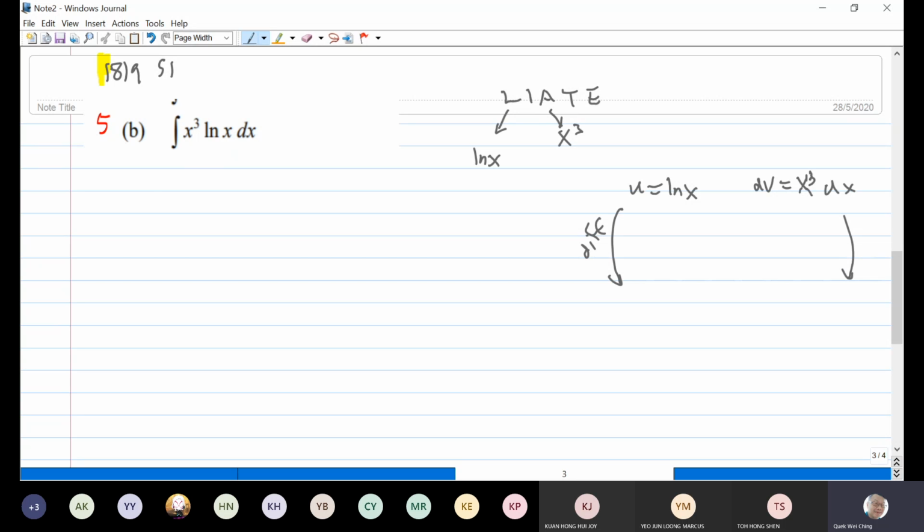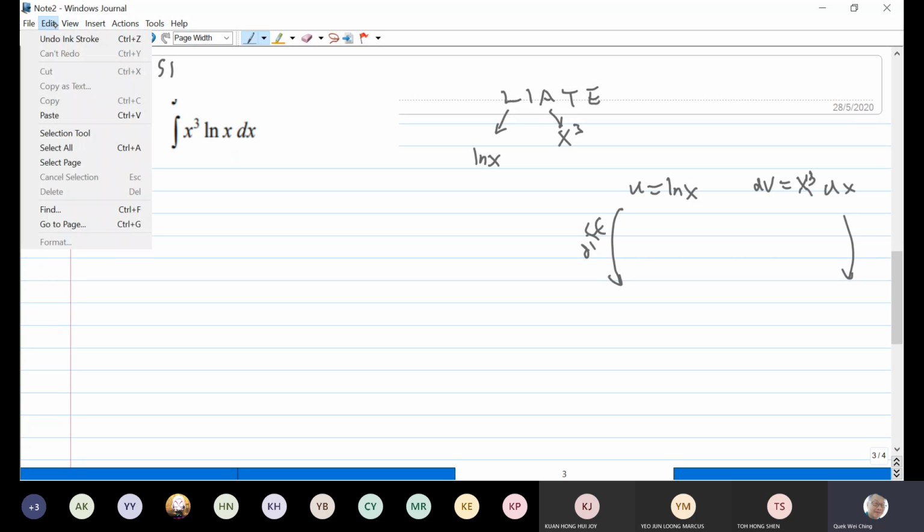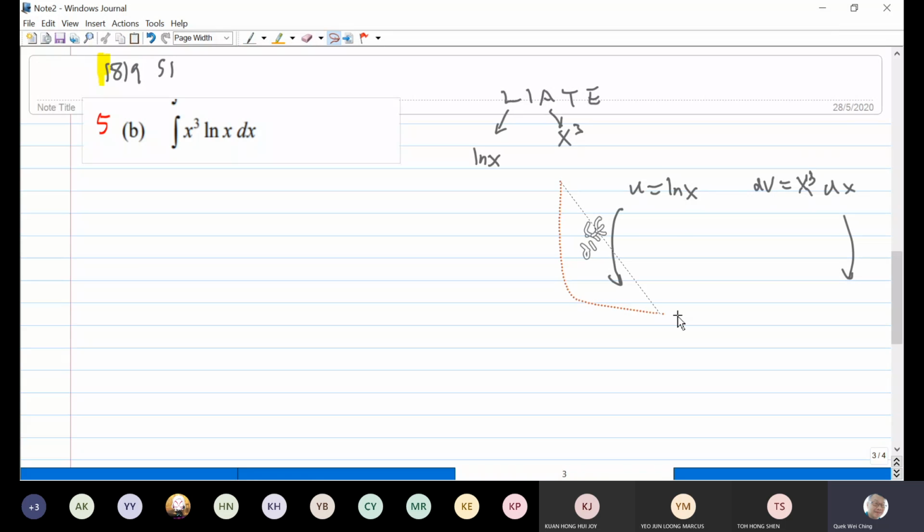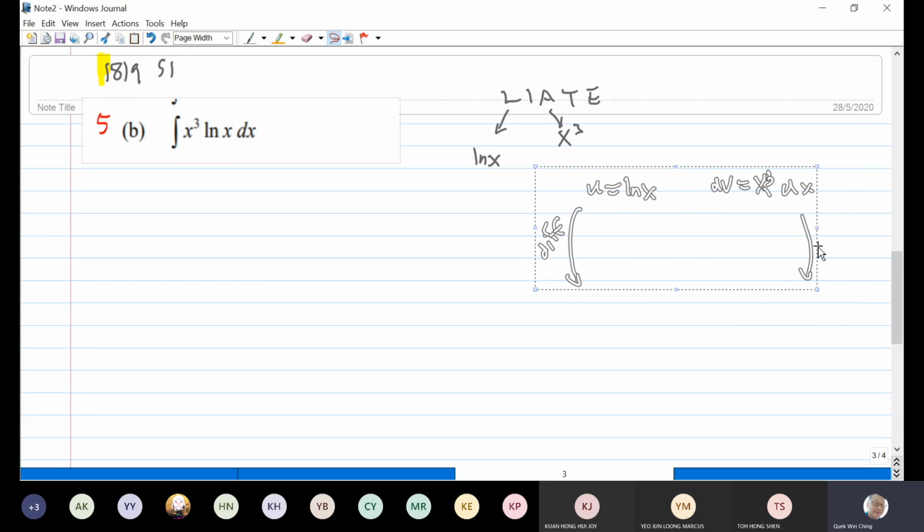So let me drag this a bit here, so we get a space on the right. Okay. So for dv, you integrate here. So differentiate log x, get 1 over x, everybody knows by now. Standard differentiation formula.